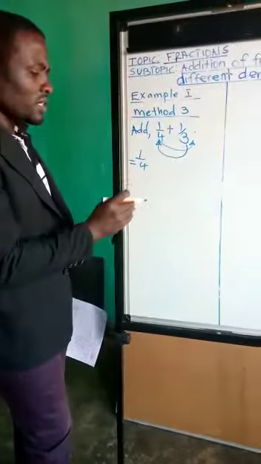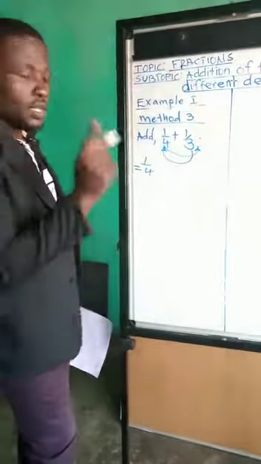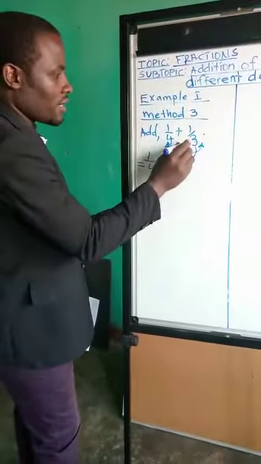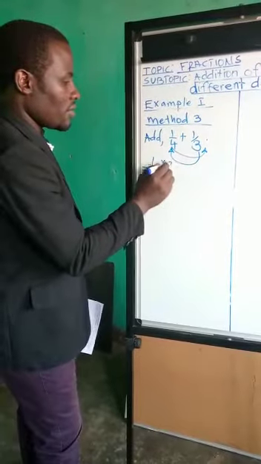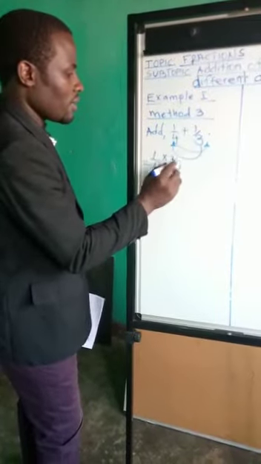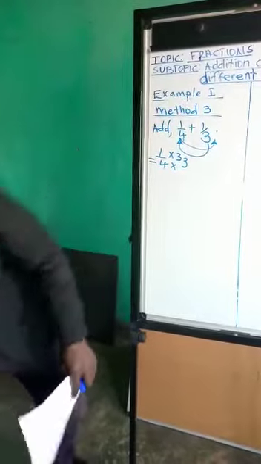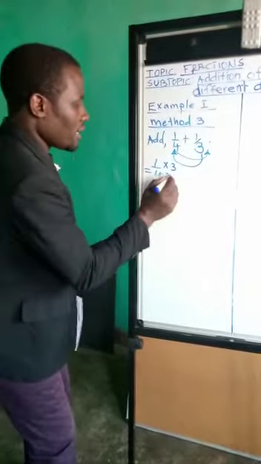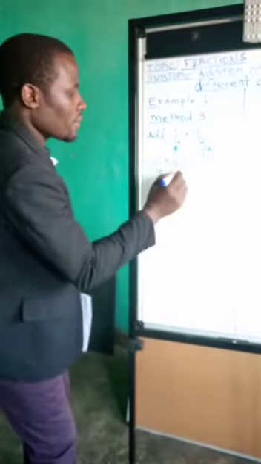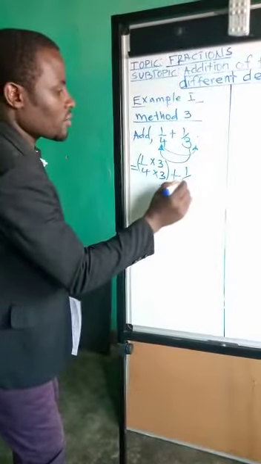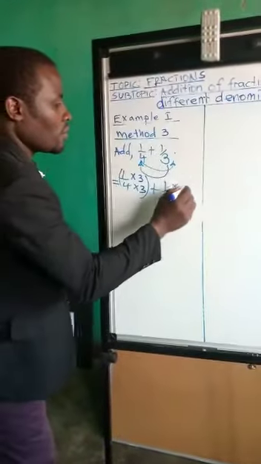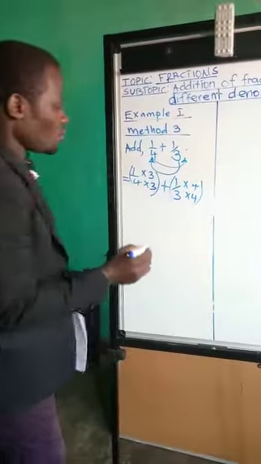We multiply it with the second denominator, which is times 3, both in the numerator and in the denominator, plus the second fraction, a third, times 4, both in the numerator and the denominator.